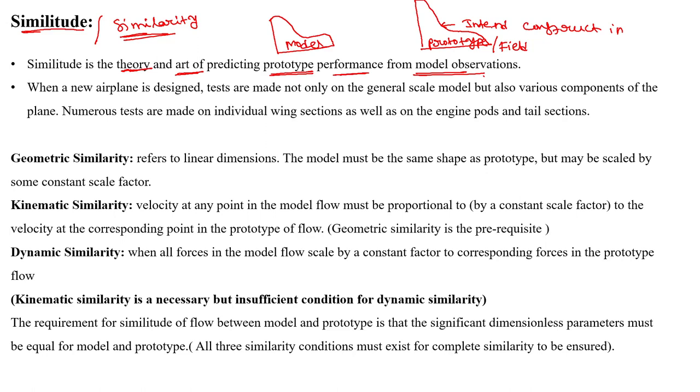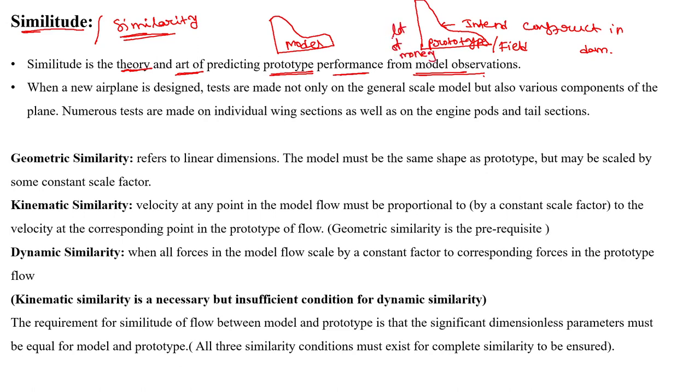This is the size we intend to construct for the dam. But suppose we construct this one, and our design does not meet our discharge requirements or velocity requirements, then we will lose a lot of money.